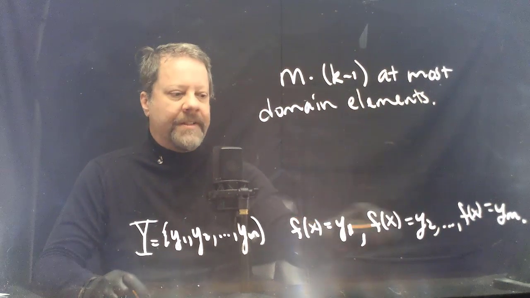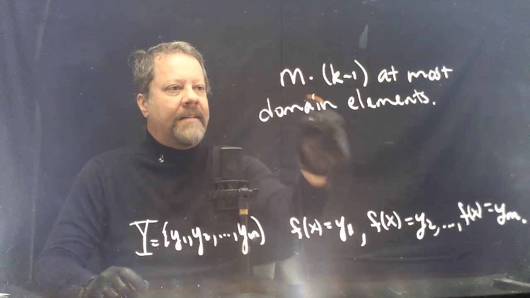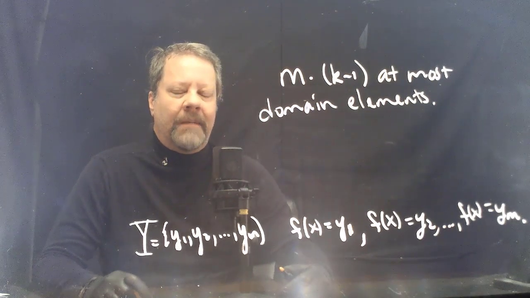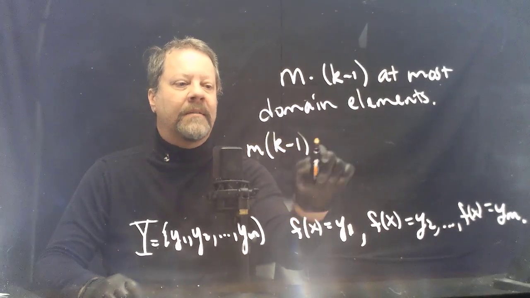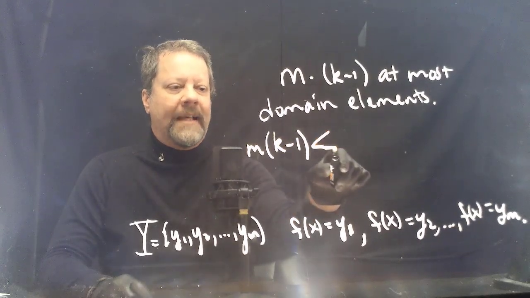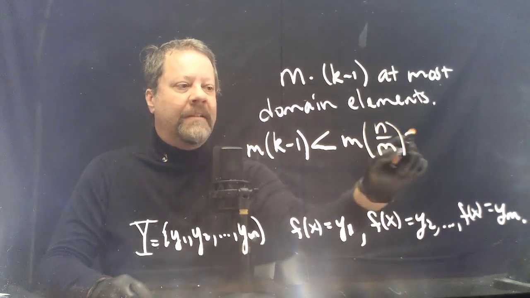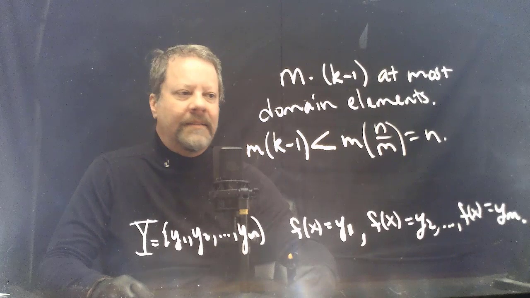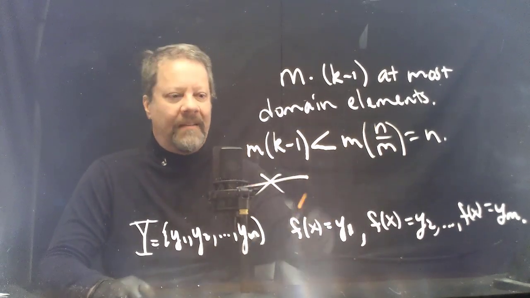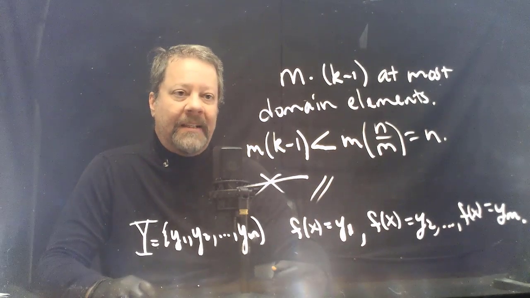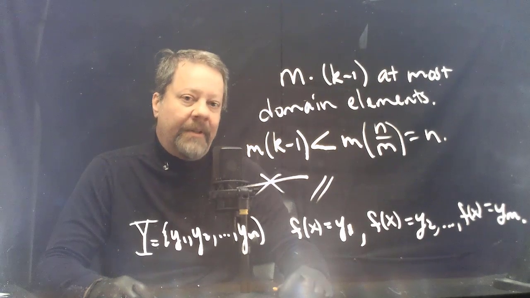If all of these different x's are distinct, which they have to be if we're dealing with a function, then you have at most this many domain elements. But wait a minute, m times k minus 1 is less than m times n divided by m, and that's n. Well, that's a contradiction because we have n domain elements. And therefore, there must be at least one element which has k distinct domain elements having a common y value.